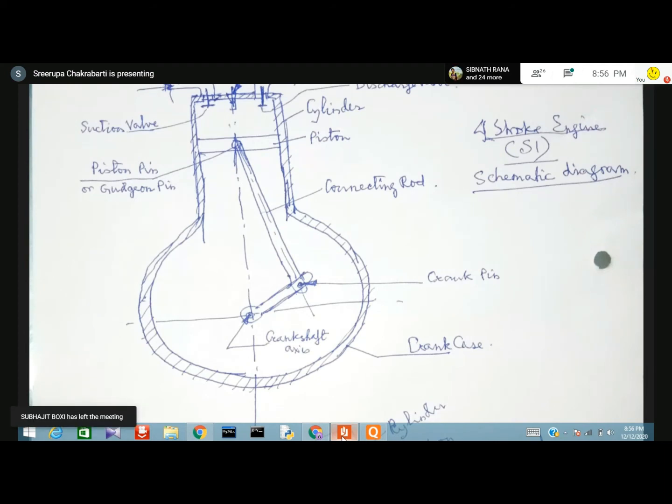There is another reason: this lubricating oil is pumped through a bore.